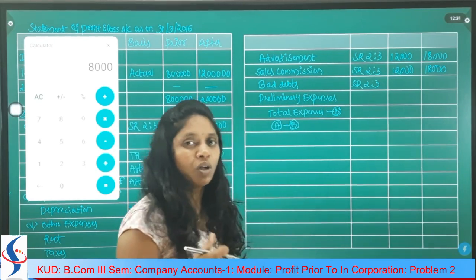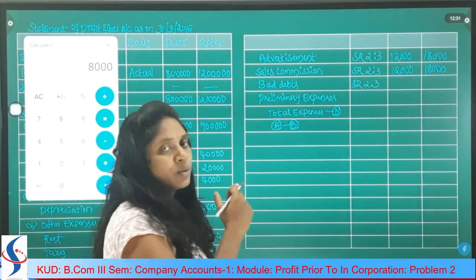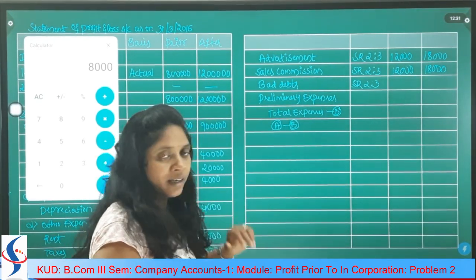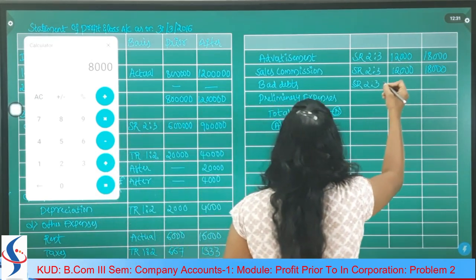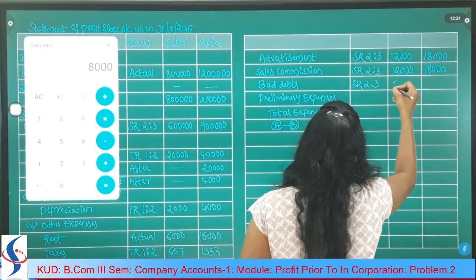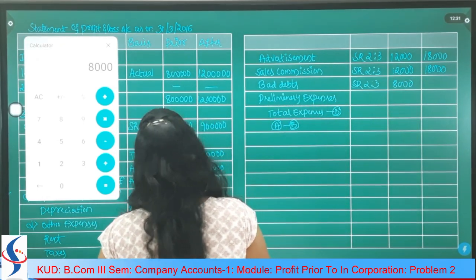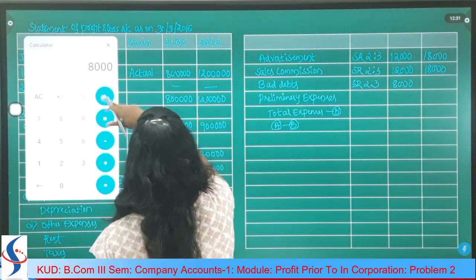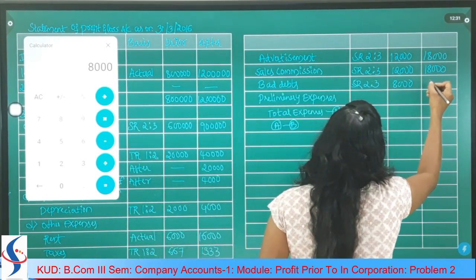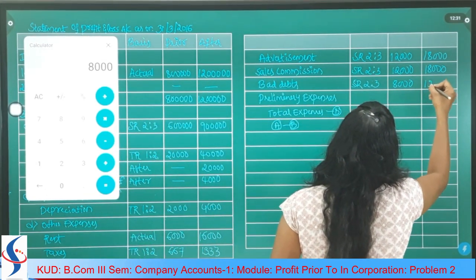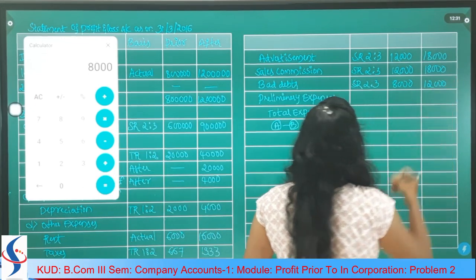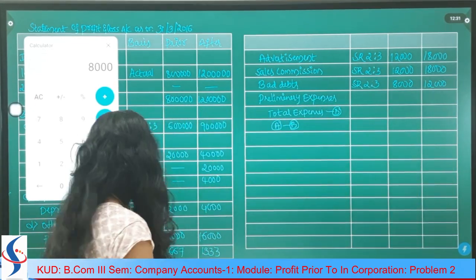When you sell your goods on credit basis, there is a chance of non-recovery, that's why the bad debt comes. So there is a direct connection between bad debt and sales. So we should divide using sales ratio, that is 2:3. When you divide 20,000 of bad debt using 2:3, it comes to 8,000 for prior period, 20 minus 8, which will become 12,000 for the after incorporation period.